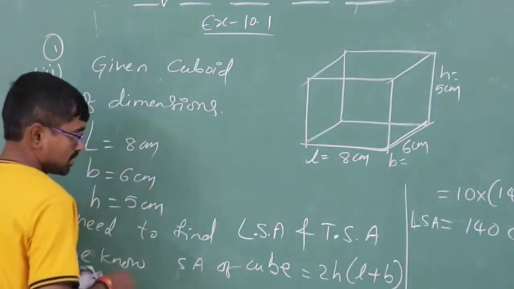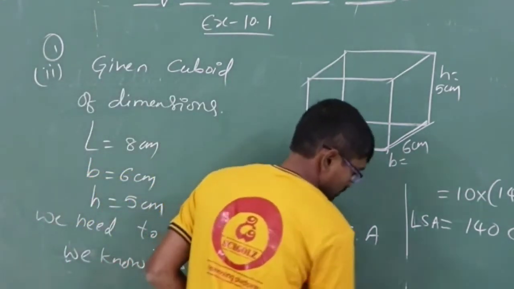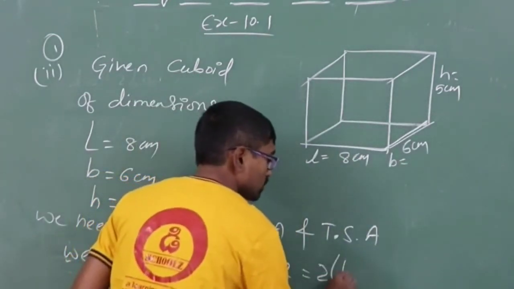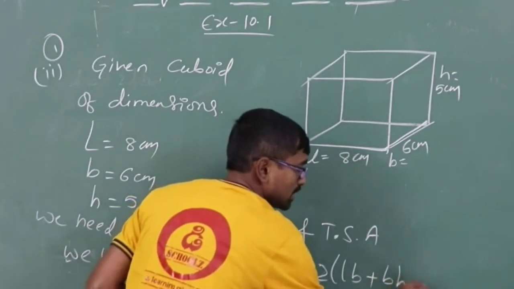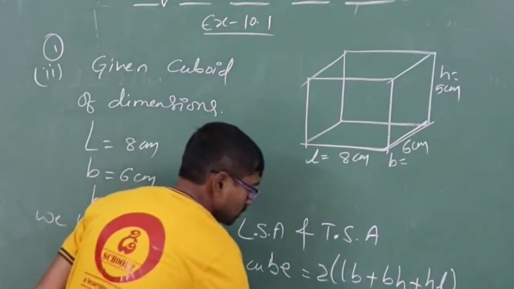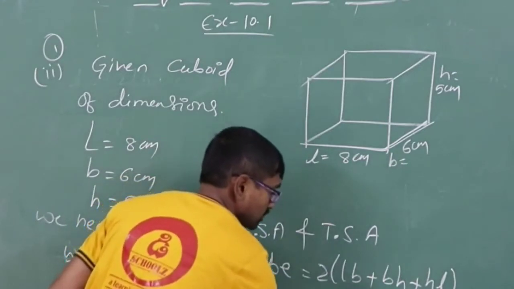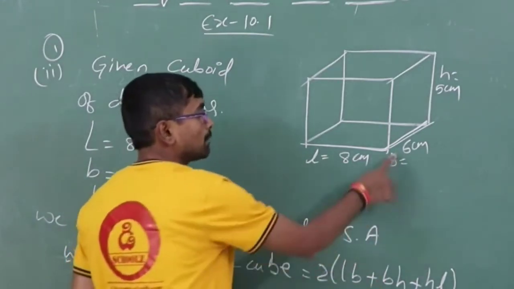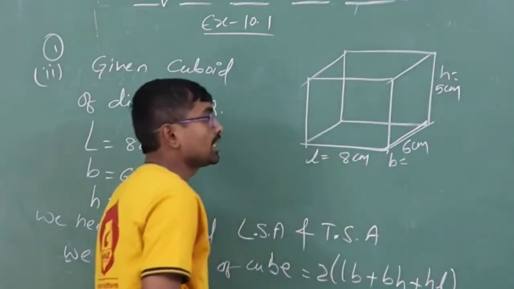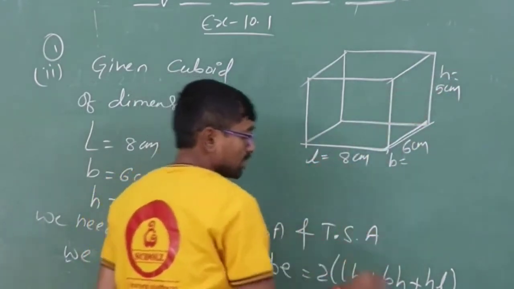Total surface area, we know the formula. What is the formula of total surface area? 2 into (LB plus BH plus HL), that is equal to 2 into (L into B, 8 into 6, plus BH, 6 into 5, plus HL, where H is 5 and L is 8).